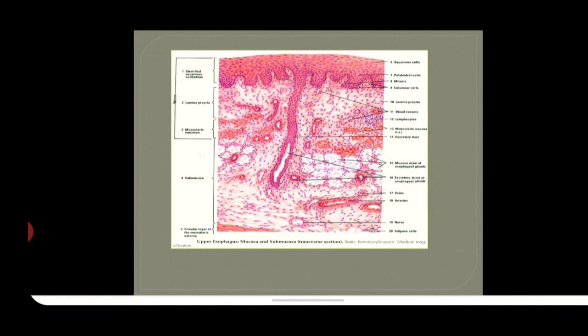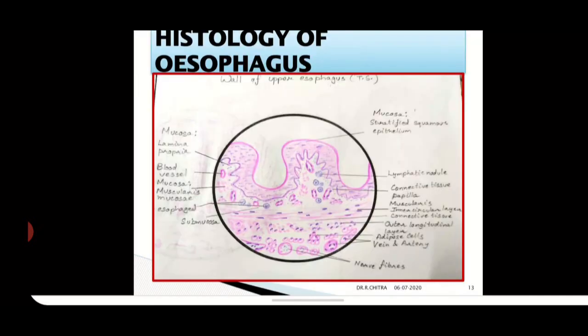So you can appreciate the epithelium, stratified squamous epithelium non-keratinized, then the lamina propria, then submucosal glands in the submucosa, and skeletal muscle fibers in the slide if it is taken in the upper part of the esophagus. So this is the way you have to draw the diagram for the histology of the esophagus, and now we will summarize the identifying features of the microscopic structure of the esophagus.